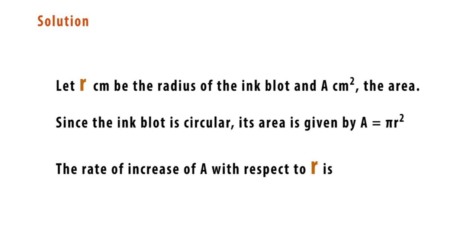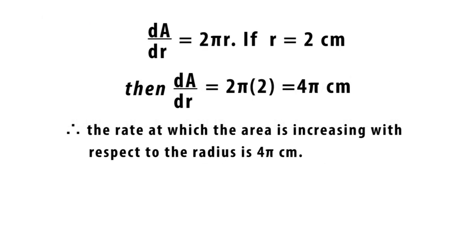We want r centimeters to be the radius of the ink blot, and A square centimeters the area as well. Now, since the ink blot is circular, its area is given by A is equal to pi r squared. The rate of increase of A with respect to r is dA/dr is equal to 2 pi r.